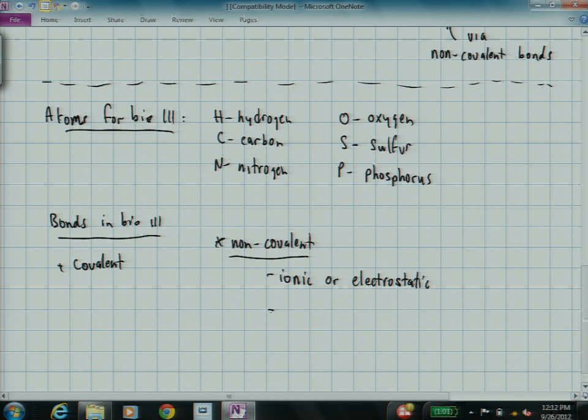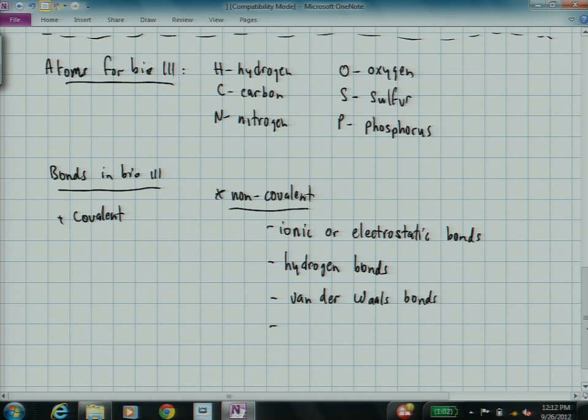There are hydrogen bonds. There are van der Waals. And the last one you may not have heard about is something called the hydrophobic interaction, which turns out to be enormously important in biology, and it's probably something you haven't heard about, and so we'll spend a bunch of time fussing about that.